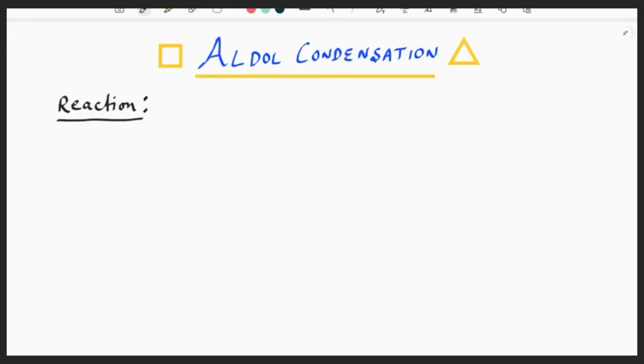So let's discuss aldol condensation. We start the discussion by writing the reaction.